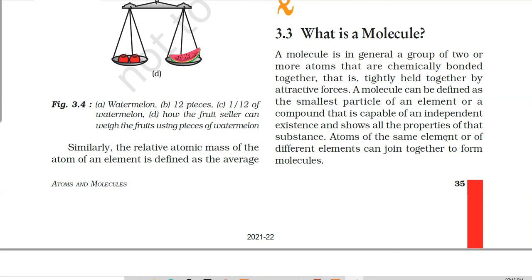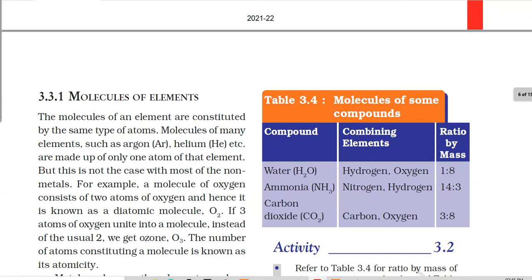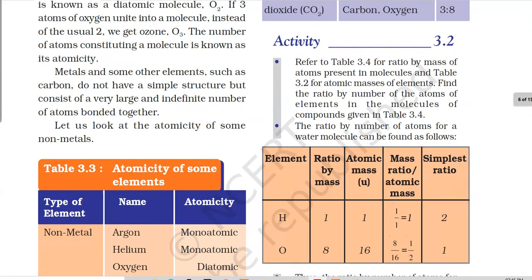Atoms of the same element, or of two different elements, can join together to form molecules. So molecules can be of two types: molecules of elements and molecules of compounds.